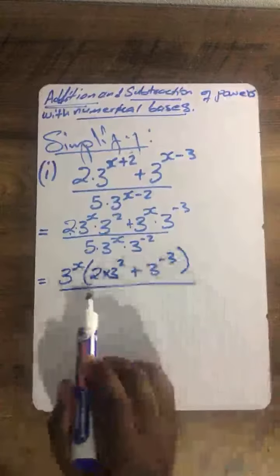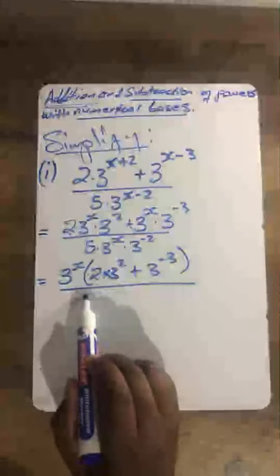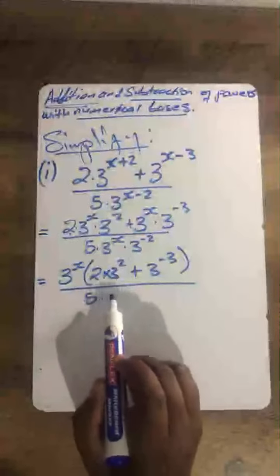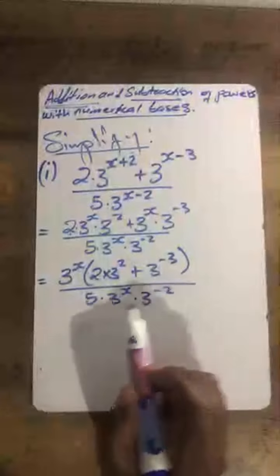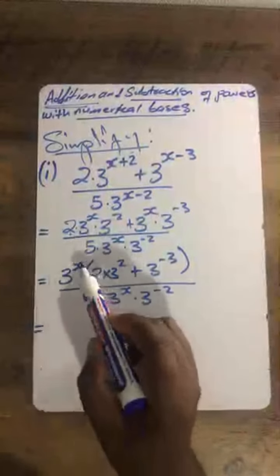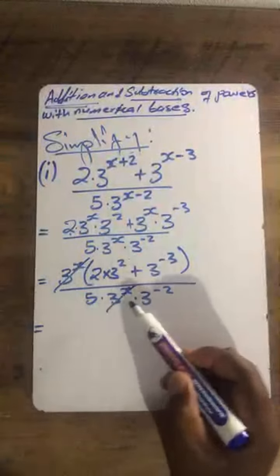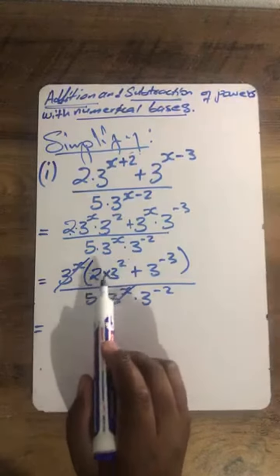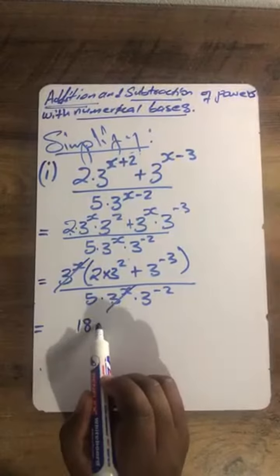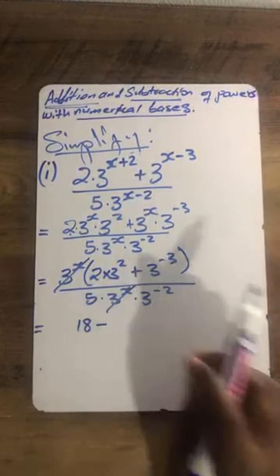Over, you have your 5 multiplying 3 to the that. I'm not sure if you guys notice something: that will cancel with that. So you have 9 times 2 is 18. So it's 18 minus, that one, is it 27?